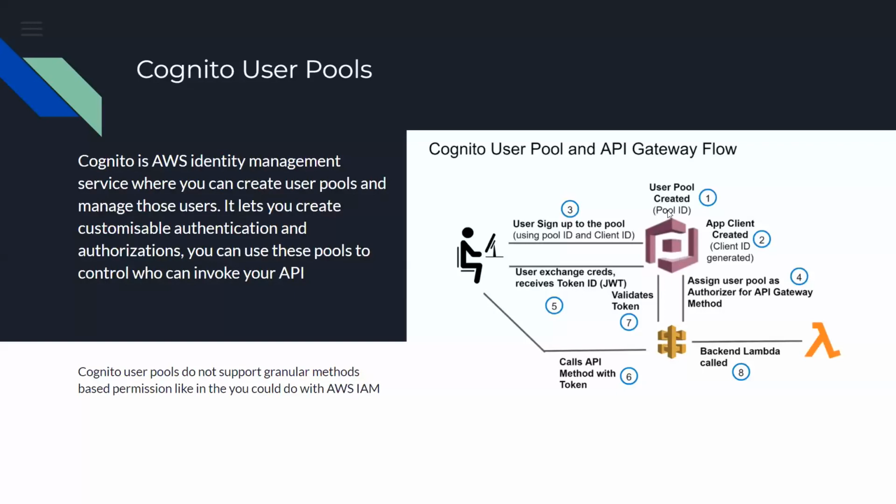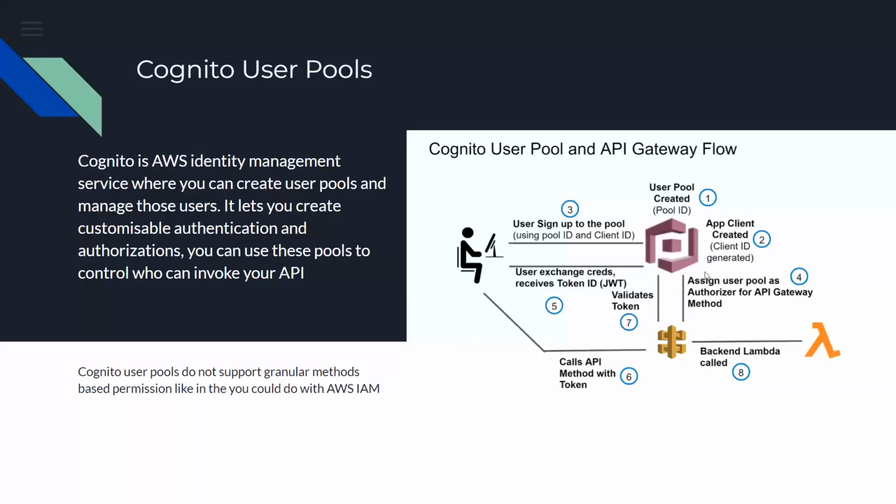So to use the Cognito user pool, a user will go and create an account with a pool ID. You create an account with Cognito, then Cognito will provide you with a client ID.